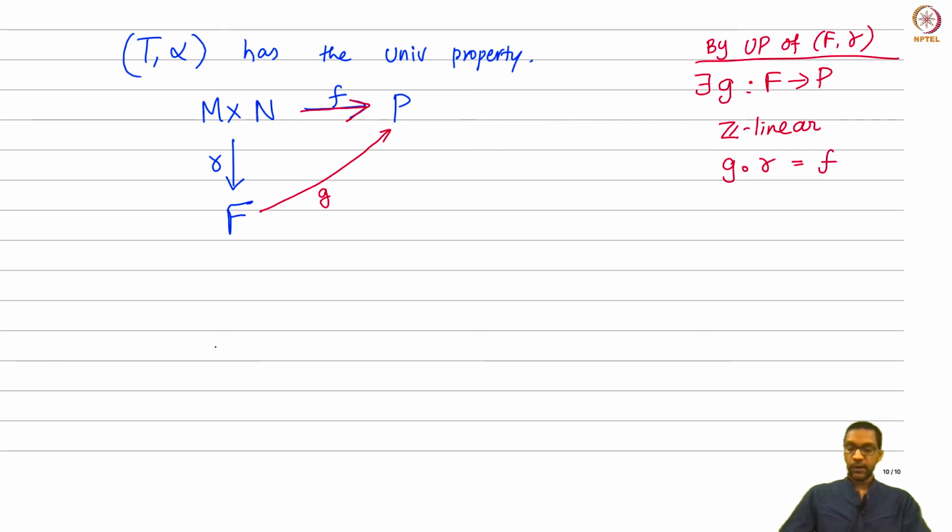Now, the second universal property that we need: we go to the quotient F mod H tilde, and the universal property of the quotient was the following.